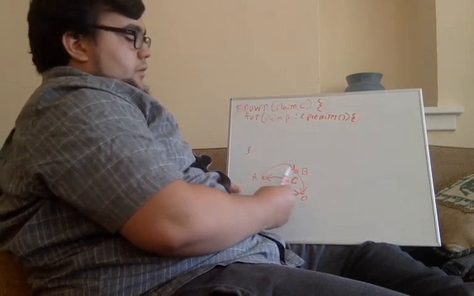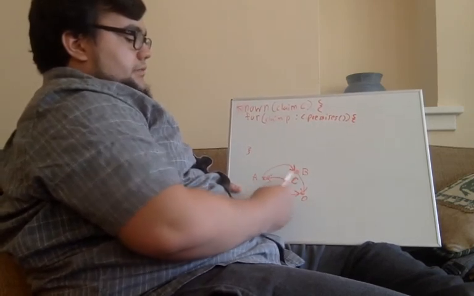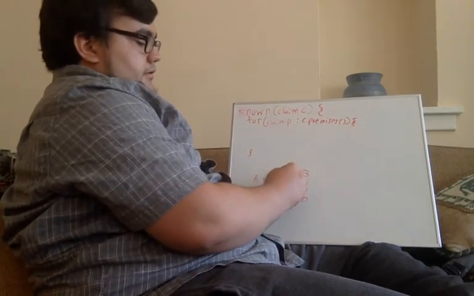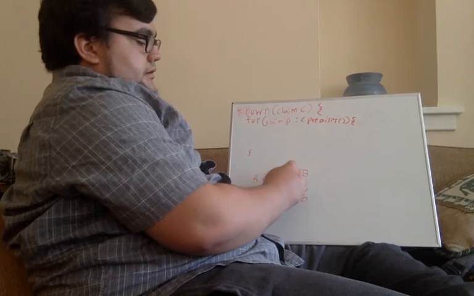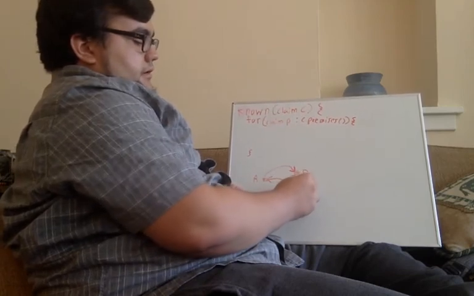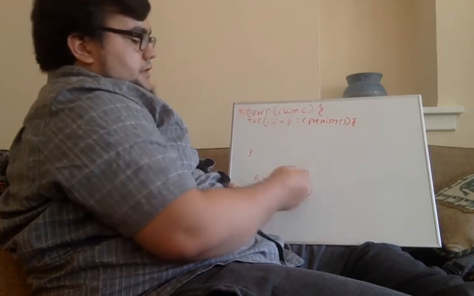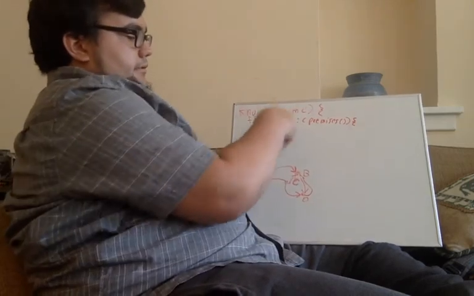Then it asks what are all the nodes that point to B. So in this case it would just be A, but it could have been also C, and it could have also been D. And actually I'll use this as an example to run through this.